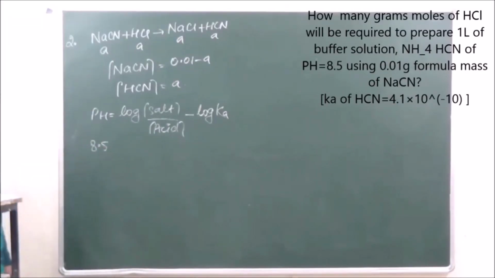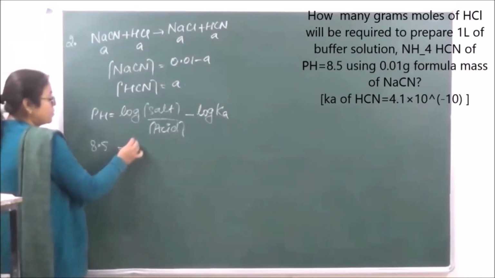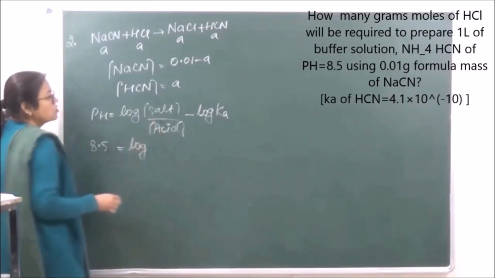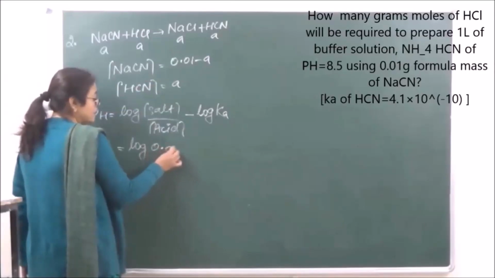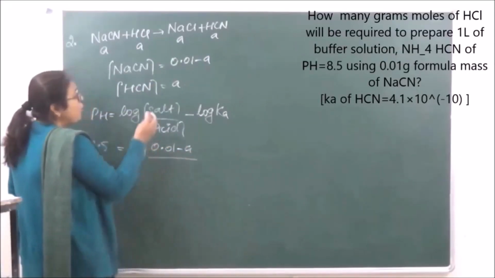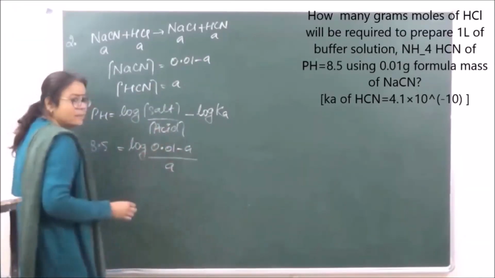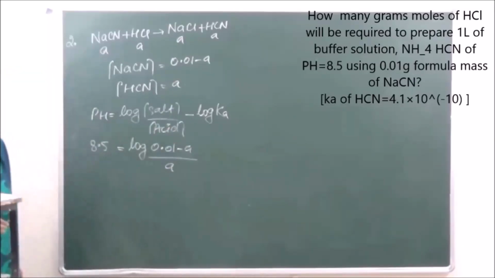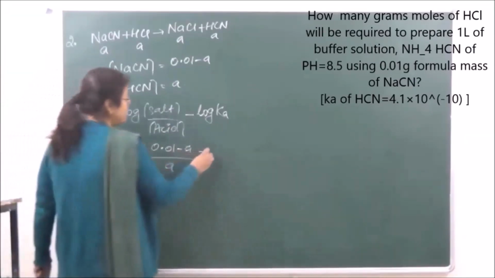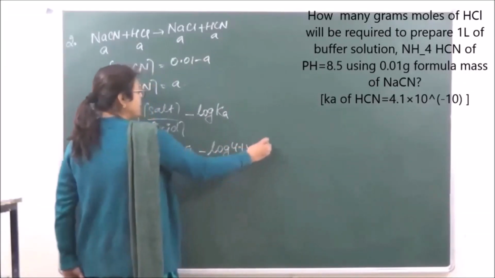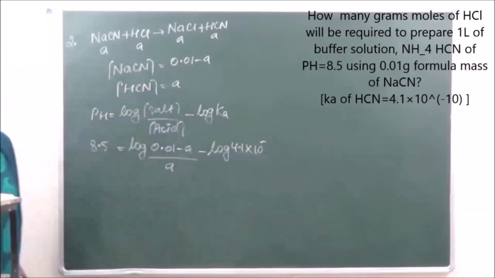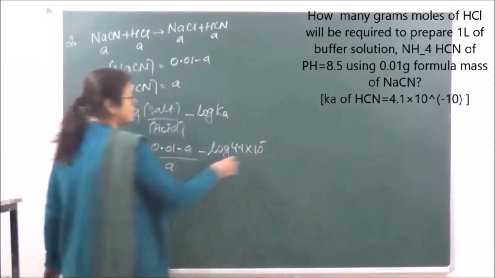So we have to calculate A over here. That will be equal to log of concentration of the salt, that is 0.01 minus A, upon A, okay, minus log of Ka. So Ka is given to us as 4.1 into 10 raised to power minus 10.